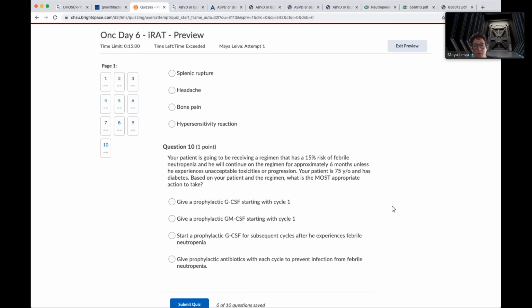One of the things we do know is that when we give GCSFs for high intensity chemotherapy, especially to patients who had breast cancer, there does seem to be an increased risk of myelodysplastic syndrome. We don't know if that's just related to the chemotherapy doing a lot of DNA damage to the bone marrow, but we do think there's probably a correlation with giving a medication that allows for the proliferation of white blood cells.